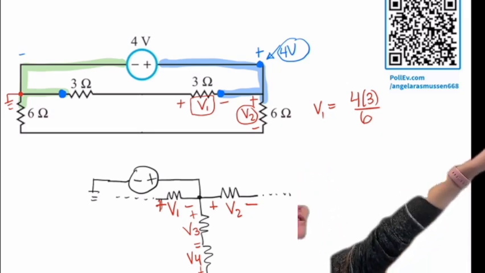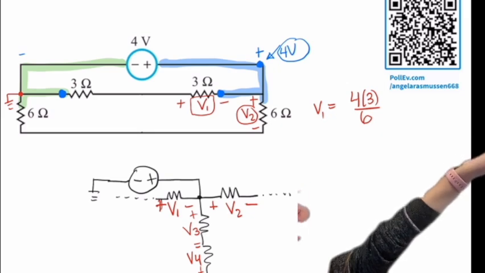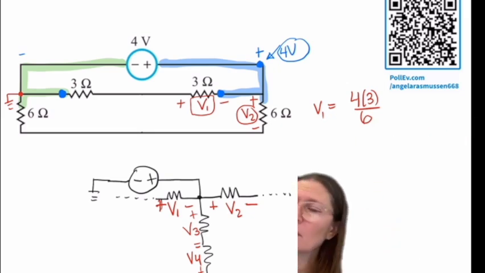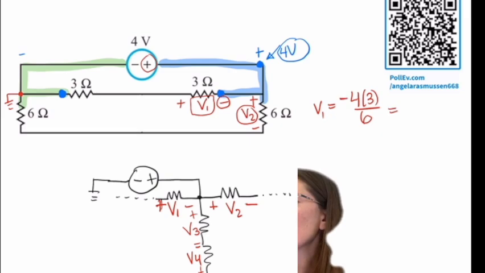With that, you can see that the sign closest to the blue is a negative, and the sign closest to the 4 is a plus. Because these two are opposite, that will be a negative here. So that will give me a negative 2 volts.